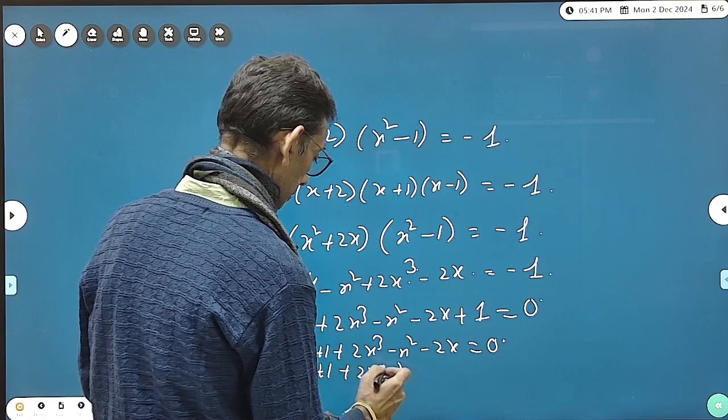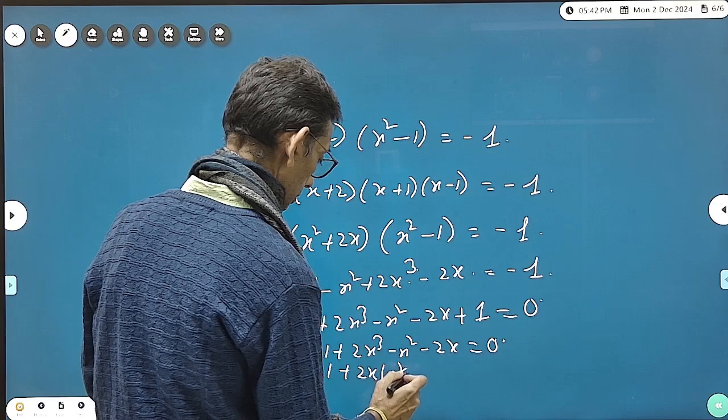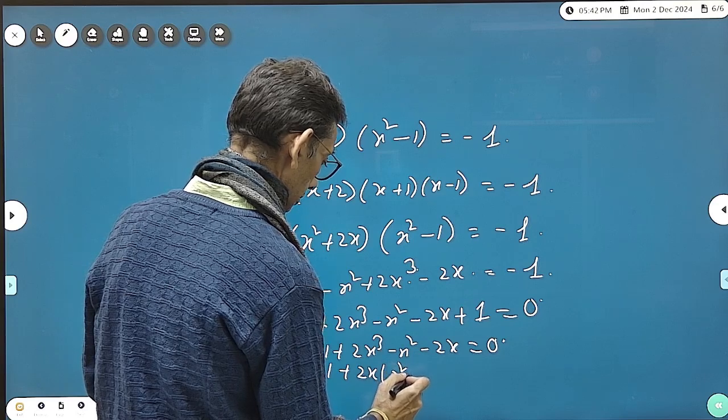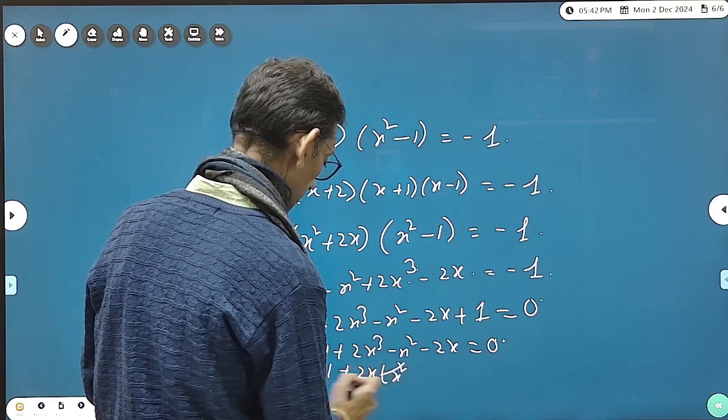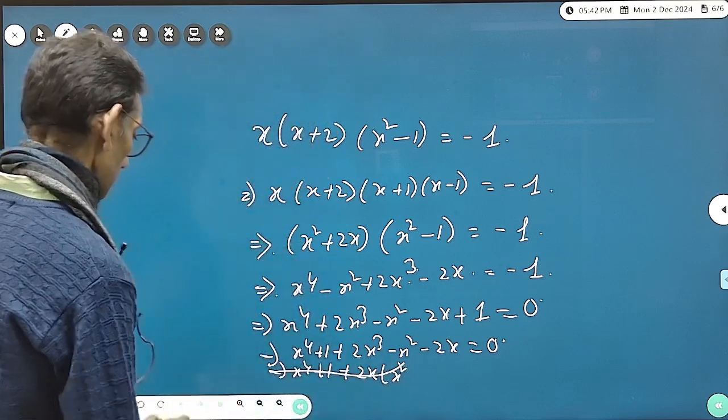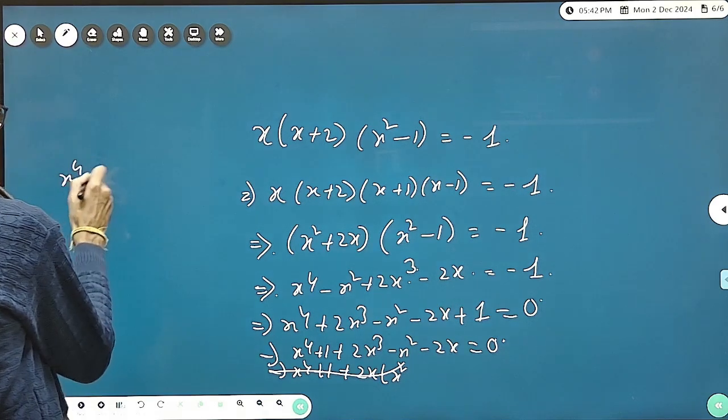Twice x you cannot take common because 2 is not there, right? So x to the power 4 plus 1.